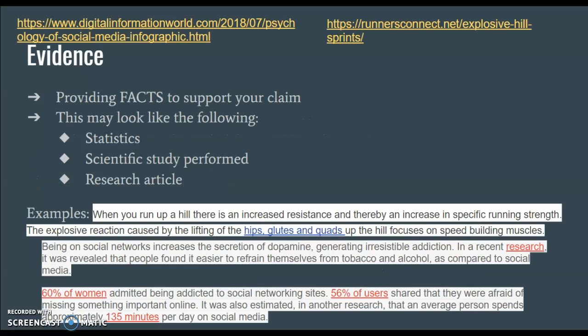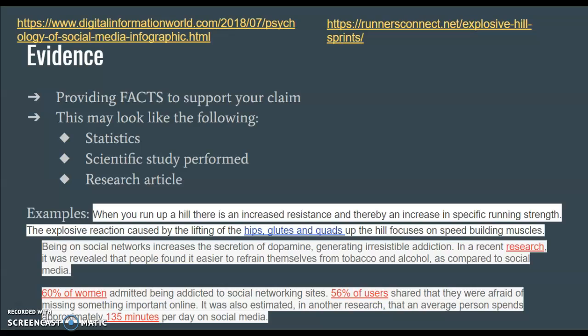Evidence. And I used the two links at the top for where I got my information. When we do this on a test, you don't need to memorize the resource where you got your information, but it should be factual information. I went a little beyond here in providing facts.